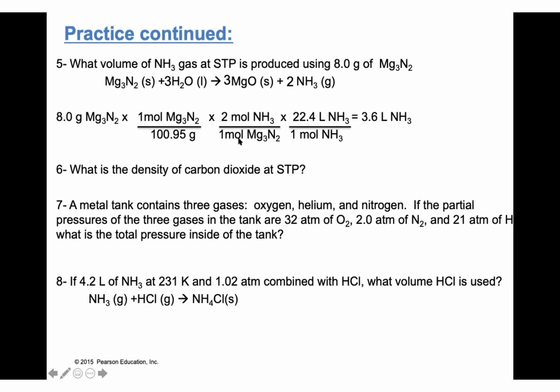Then I use a coefficient to convert the moles of the magnesium nitride to ammonia. And I'm going to use molar volume because it's asking for volume here. Then this is going to be my volume of the NH3 in liters.